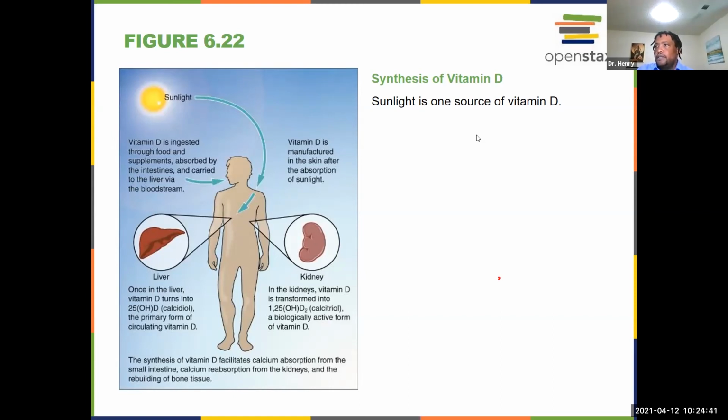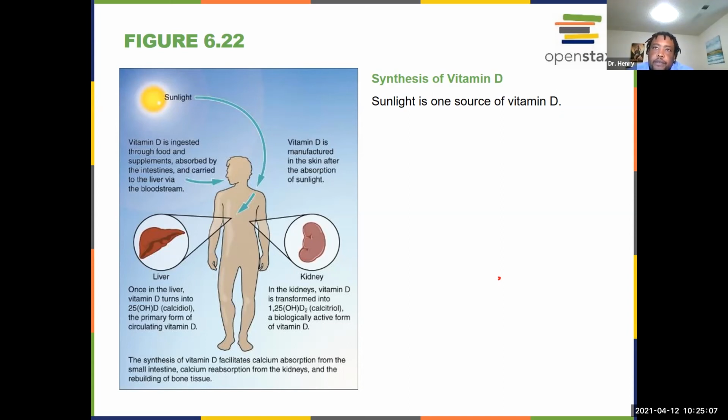Okay, so our body needs vitamin D, right? And vitamin D is also very important for our bone development. The way that we get most of our vitamin D is actually via the sun.